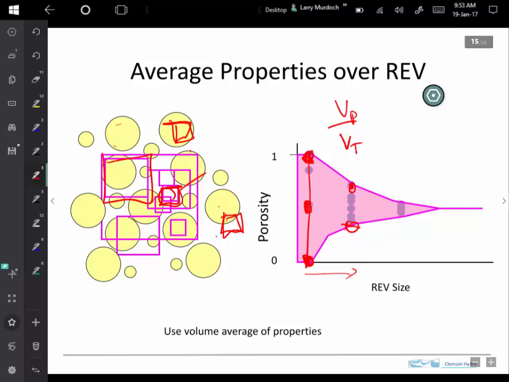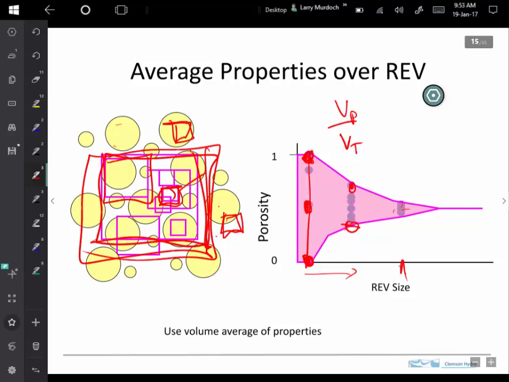But then as we get this thing bigger, and we have something this size, this shrinks down. And so the concept then is that we get an averaging region that is, in this kind of sketch, say 10 times bigger than the pores, and then as we move it around, the volume of the pore space to the total volume isn't really going to change much.